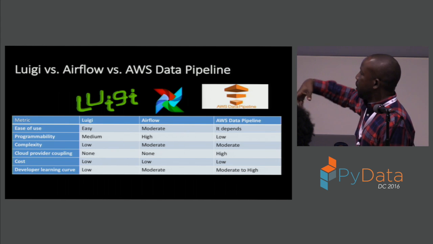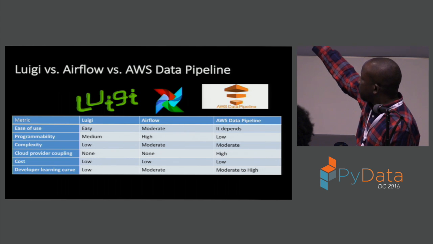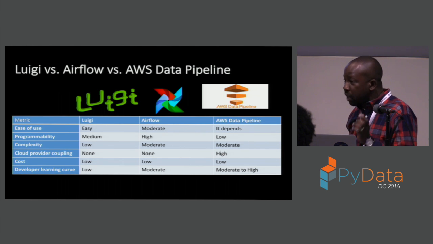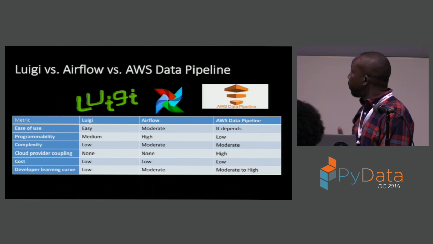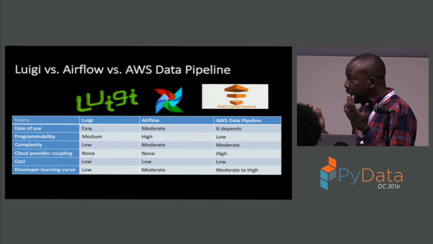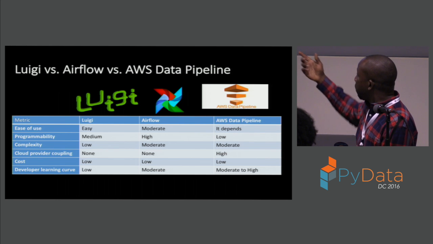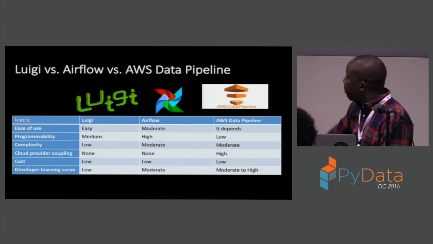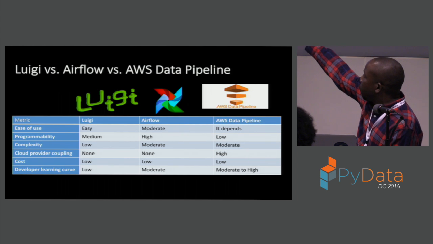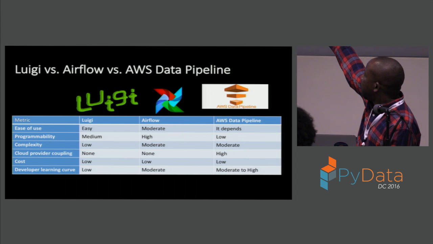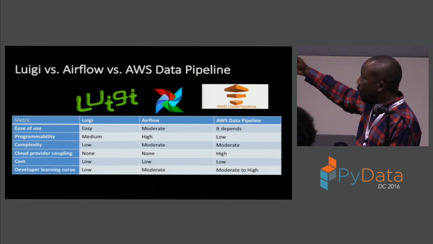All three of them. To me, it's easy to use Luigi, more moderate. And for AWS Data Pipeline, it depends, because if you're somebody who likes pointing and clicking, you might find it easier. If you're somebody who prefers programming rather than generating config files, that's why I said it depends. Programmability: Luigi, I say medium. Airflow, probably high. AWS Data Pipeline, meaning how programmable is it?